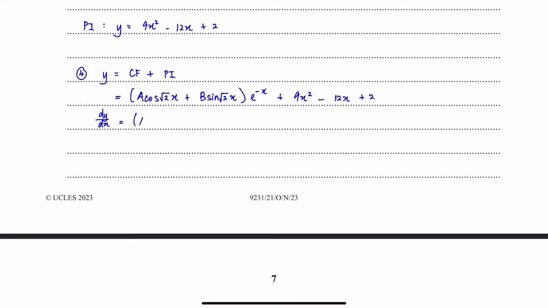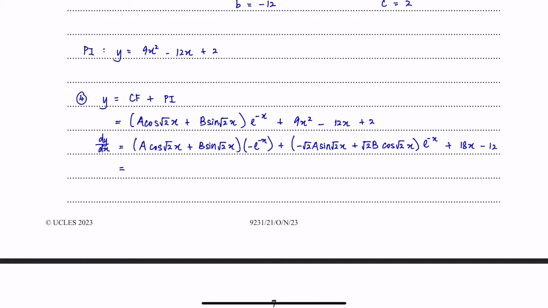So we differentiate it to get (a cos 2x + b sin 2x) times negative e to the negative x, plus (negative 2a sin 2x plus 2b cos 2x) times e to the negative x, plus 18x minus 12.